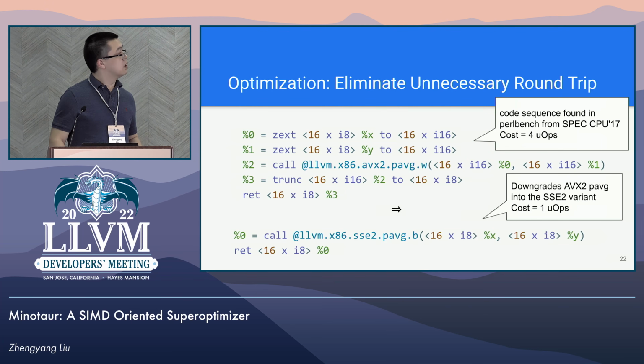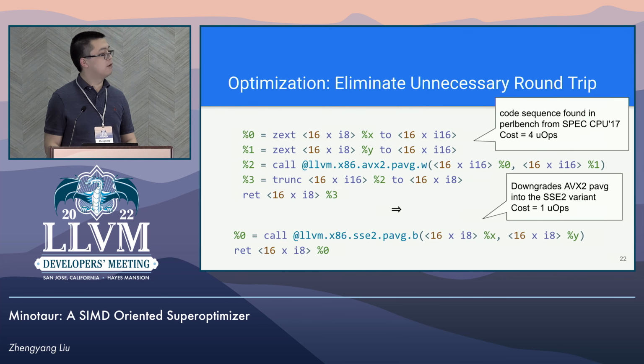And Minotaur found the round trip is not necessary, and the left-hand side can be replaced with just a SIMD variant of the get average intrinsic. This rewrite reduces the cost from 4 micro operations to 1.